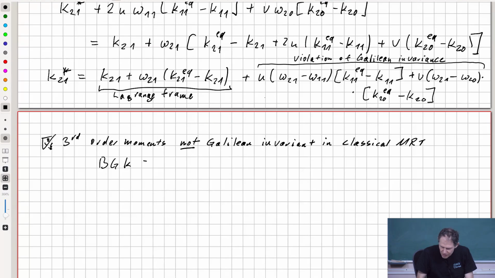BGK, as you noticed, omega k21 equals omega k20 equals omega k11, means BGK is Galilean invariant.